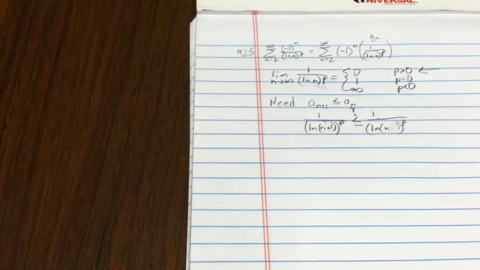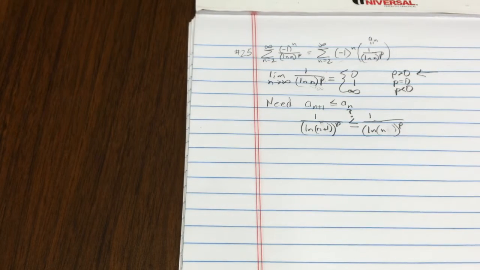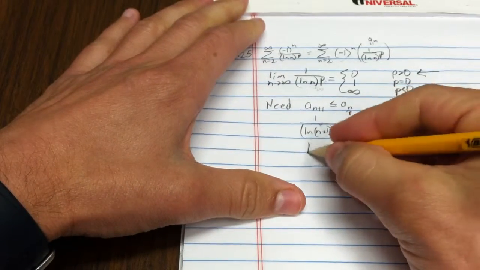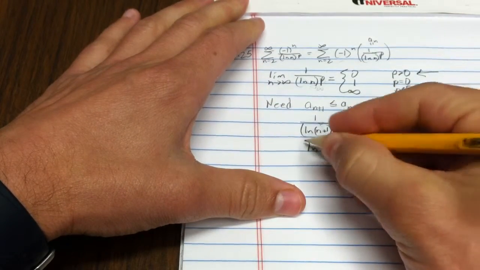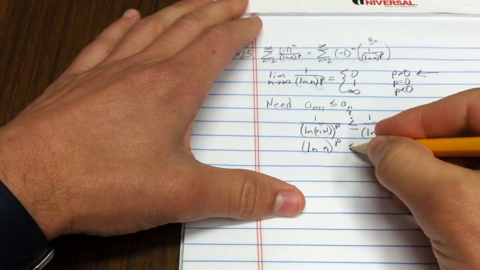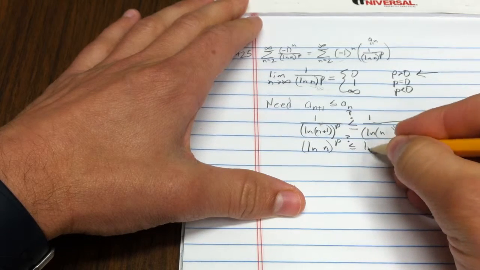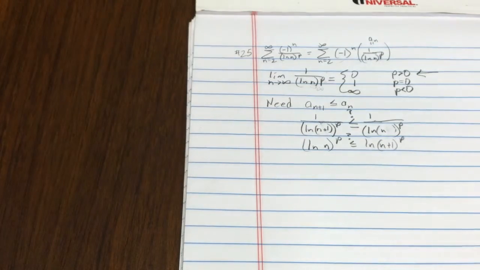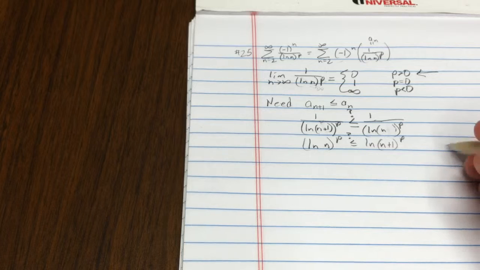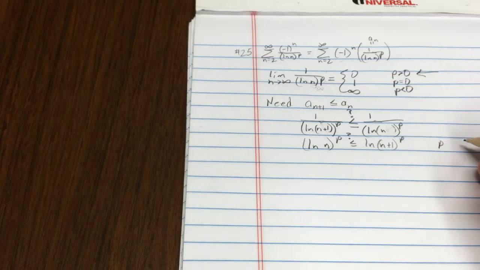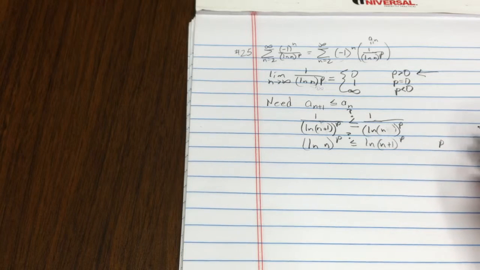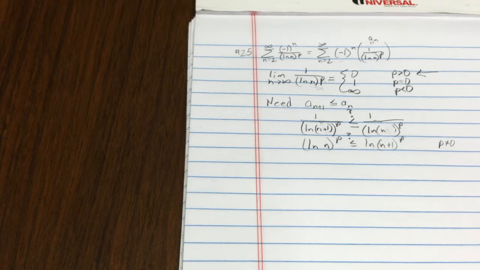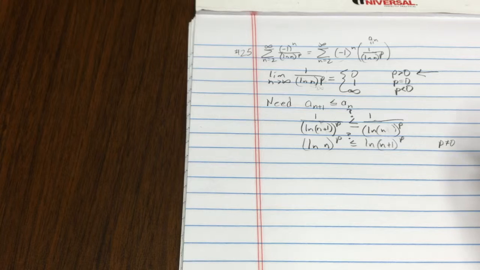So, what if I cross multiplied, so this would be the same as saying (natural log of n)^p is less than or equal to (natural log of n plus 1)^p. Now, as long as p is, let's see, if p is not equal to 0, I guess I could multiply by the reciprocal of p.